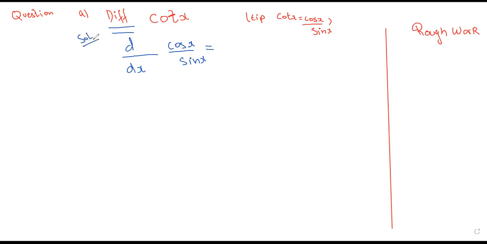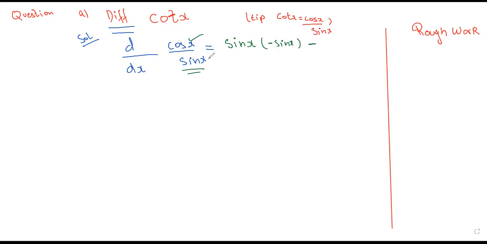Quotient rule. Excellent. We'll use the quotient rule. Very well done. So this is the denominator, this is the g of x, so this would come as it is. We need to differentiate the numerator. What is the derivative of cos x? Negative sine x. Excellent. Negative sine x. And then we have a plus sign or a minus sign? Minus sign.